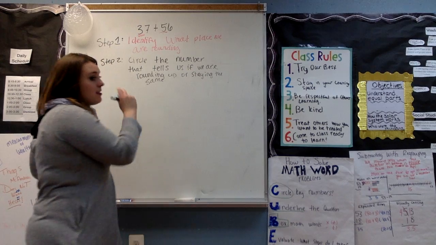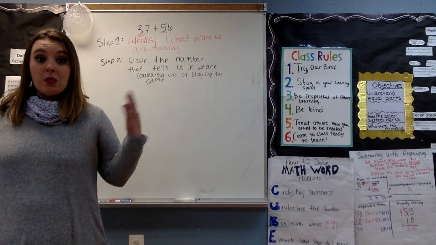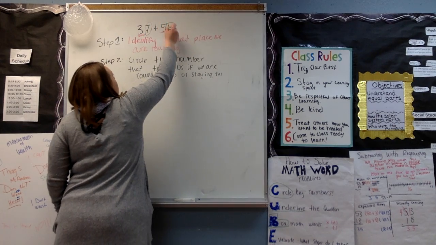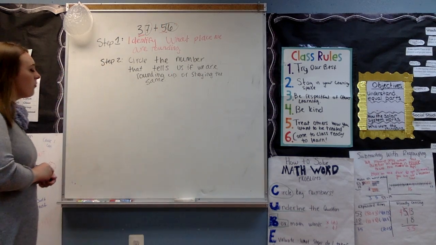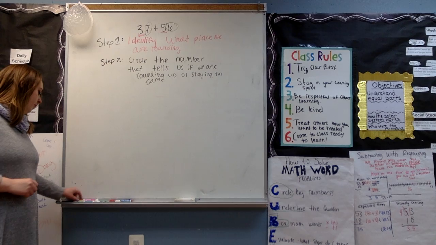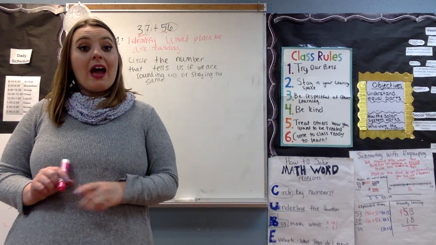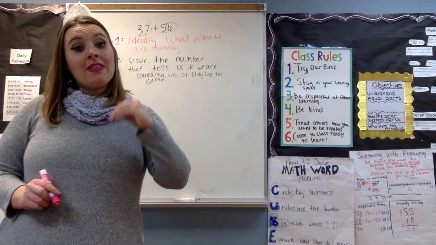All right, in this case, our only other digit is our ones place. So we're going to circle that ones place. Right? Step 3, we're going to decide if we're rounding up or staying the same.